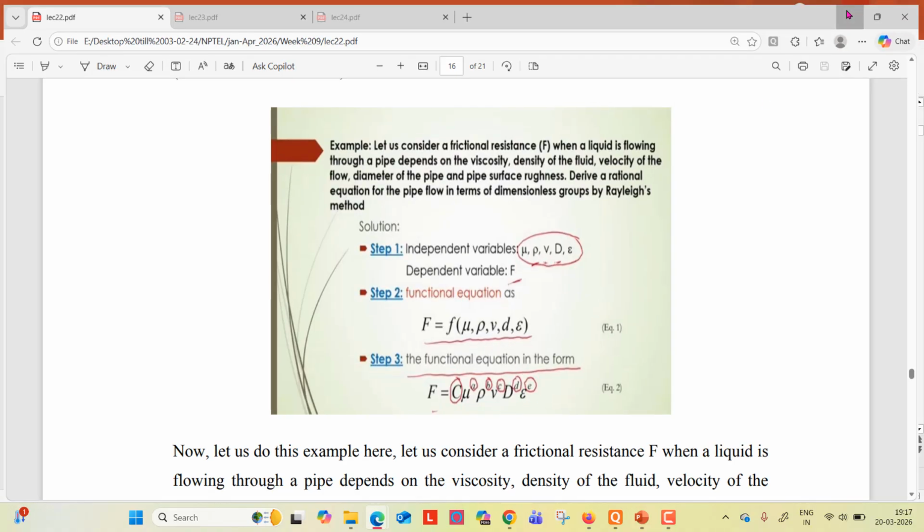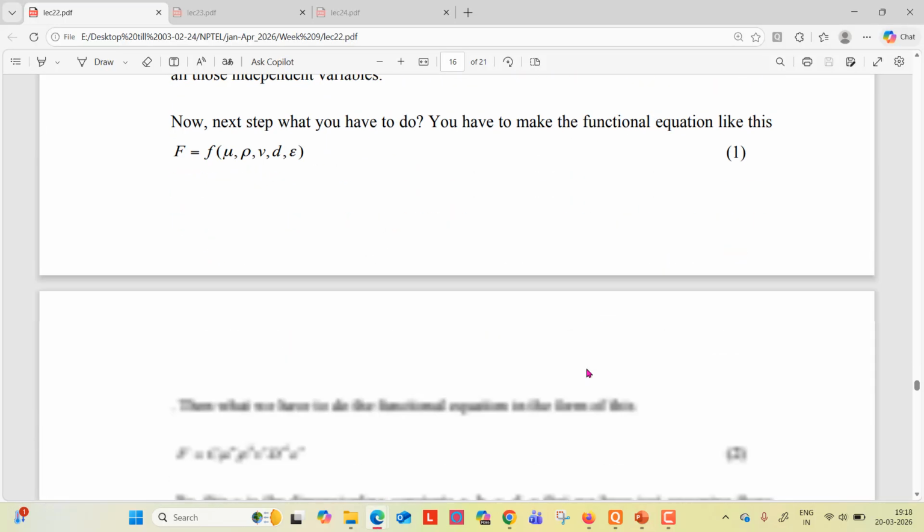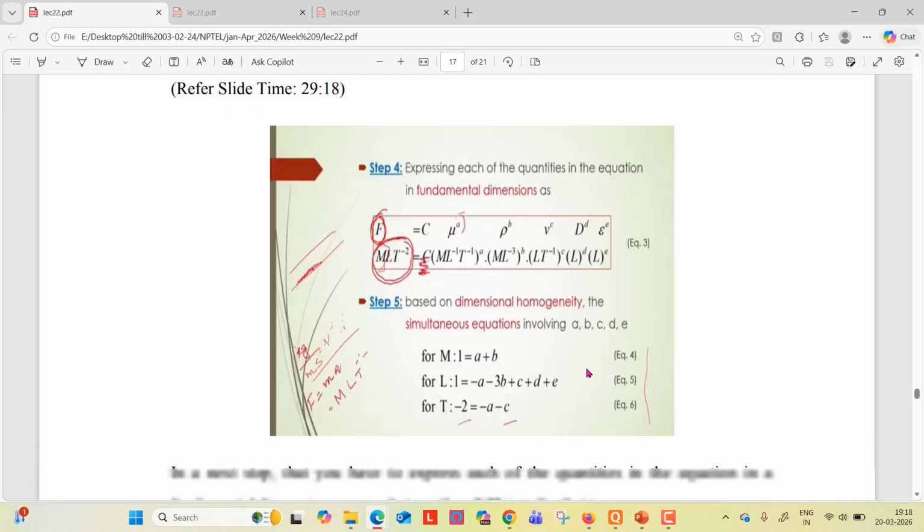You can write it either way, but just to keep it simple or comparable, I am taking V first, V to the power c, and here it will be capital D, the diameter. Now we will compare their units.